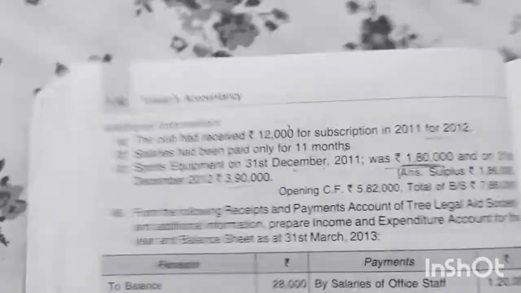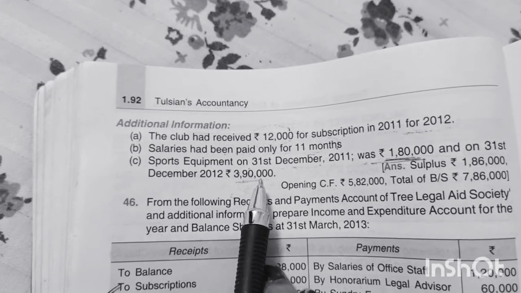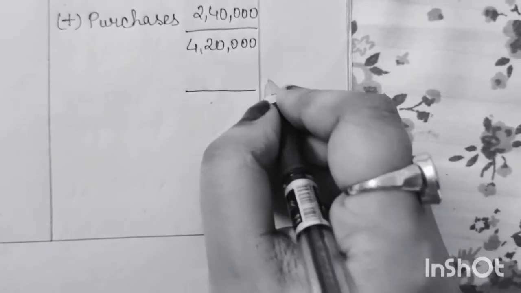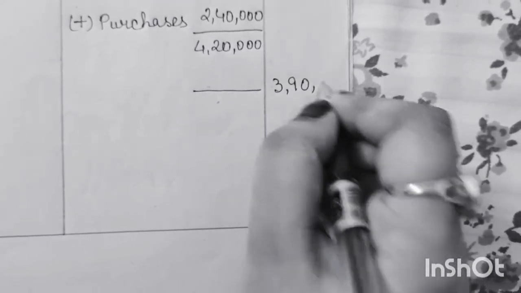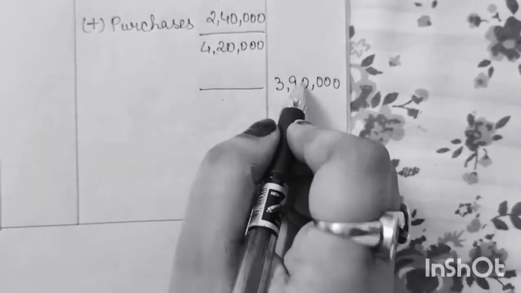So this should be our closing balance, right? But our closing balance is 3,90,000, right? If 3,90,000 is our closing balance, then what should the difference be treated as?